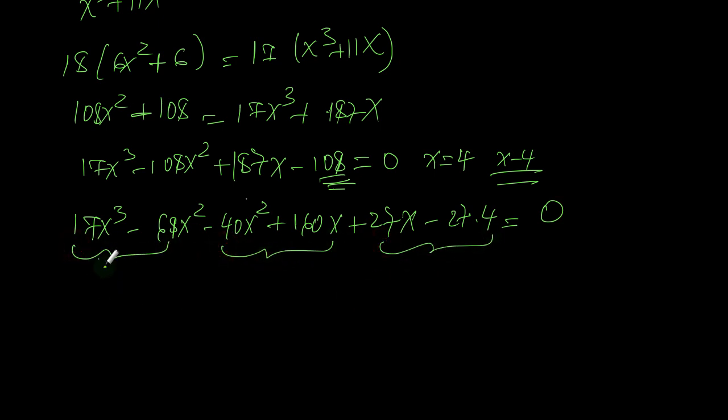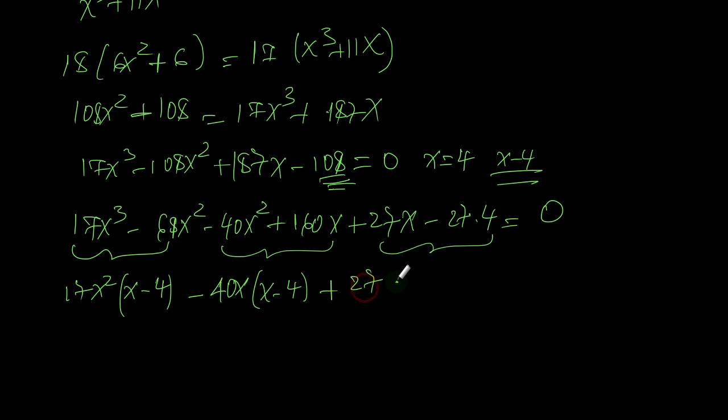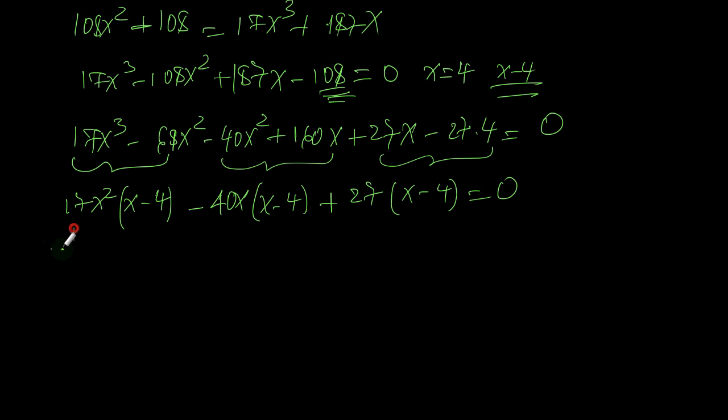From this factoring, we have 17x squared, which multiplies x minus 4, and here we have minus 40x, which multiplies x minus 4, and then plus 27, which multiplies x minus 4, equals 0.